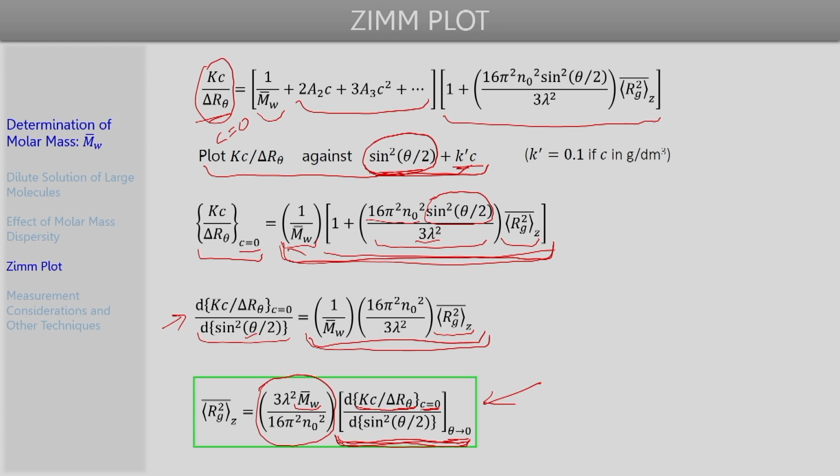So mathematically we have discussed the three quantities that we can obtain from static light scattering and how they can be expressed mathematically. Let us now see graphically, if we construct a Zimm plot, how one can obtain the different quantities from that plot.